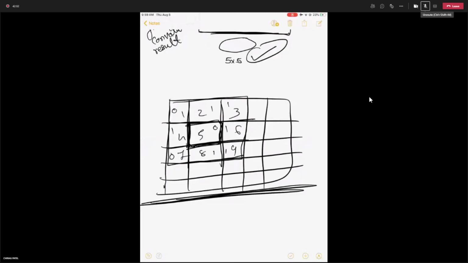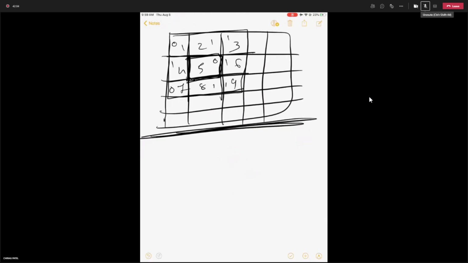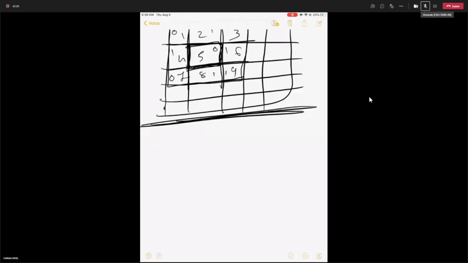Absolutely right. So basic, if somebody is telling the resultant matrix size, so what is the size of image 1? It's been 5 cross 5. And your image 2 is equal to 3 cross 3.